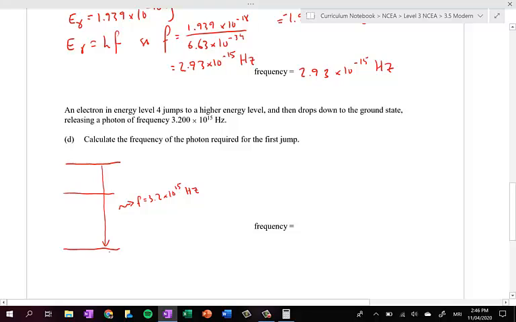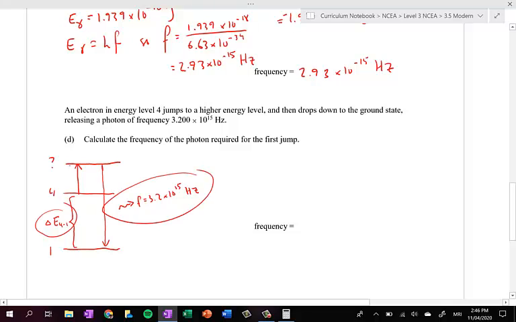So we can easily figure out what the energy difference is between those. We don't know what state that is. We know that's the fourth state, and we know that's the first state. The first jump is the jump up to there. So we need to use this information to figure that out. If we can work out what that amount of energy is, let's call it 4.1, then we'll subtract this energy from the energy of that photon.